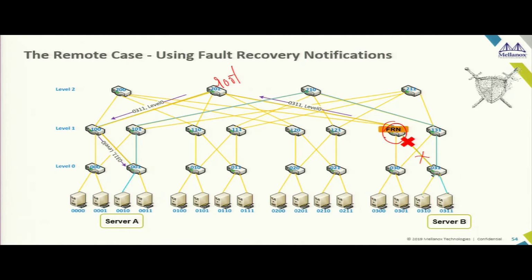The switch is capable of talking to the previous switch, and whenever it sees an error in a downlink or in any other link, it sends a failure in routing notification packet to the previous switch. It says that my downlink, which carries data worth all these servers, is flaky. Please find an alternate path.